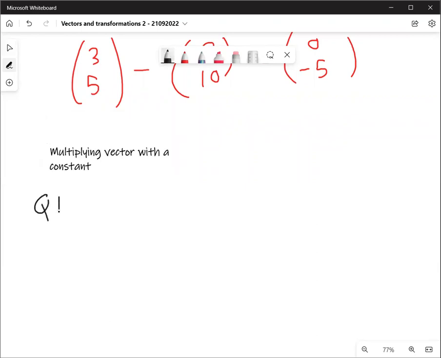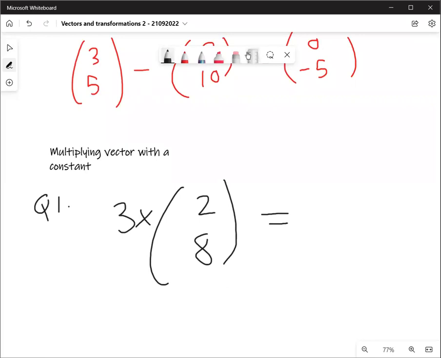Question 1. You have 3, 2, 3, let's say 8. What is the answer? Oh, wait, is this the same as multiplying a vector with a scalar? Yes, same. Vector with a scalar. Same thing.